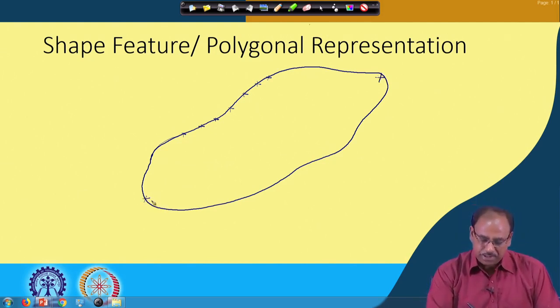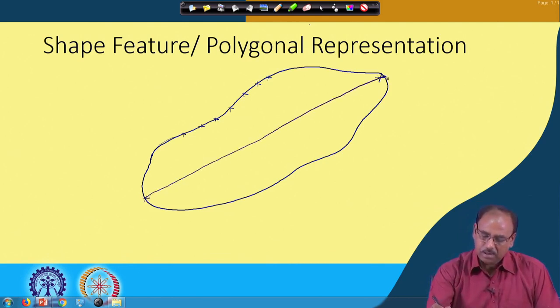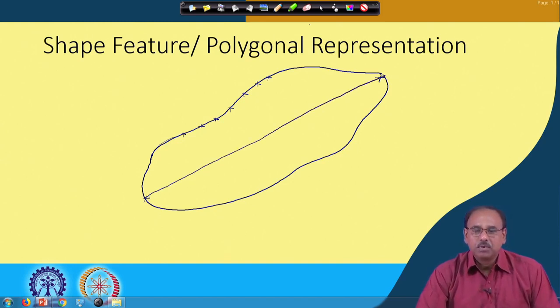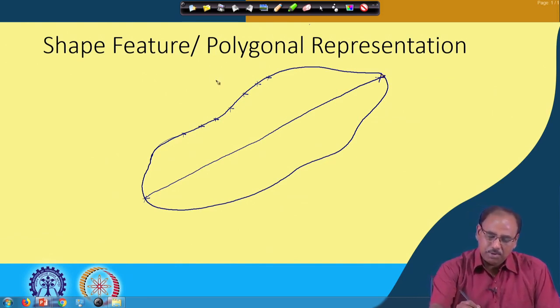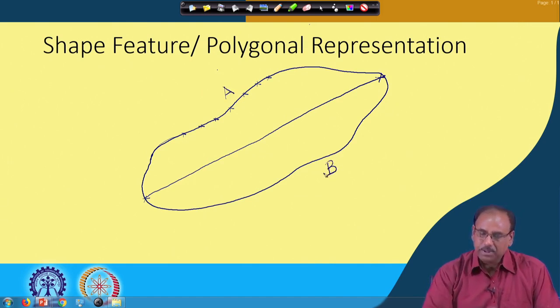So, the first division will be that I draw a straight line passing through these points on the boundary which are at maximum distance. Once I do that, this particular chord subdivides this boundary into 2 sub boundaries. One sub boundary is in the upper part, let me call it sub boundary A, and the other one is in the lower part, let me call it sub boundary B.